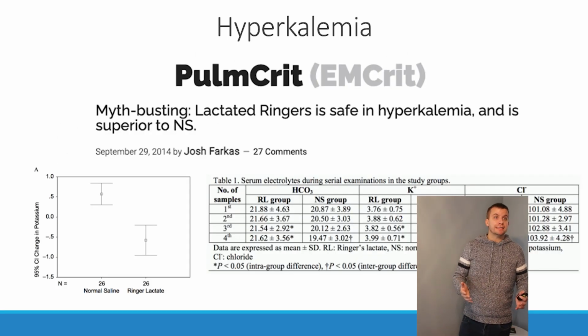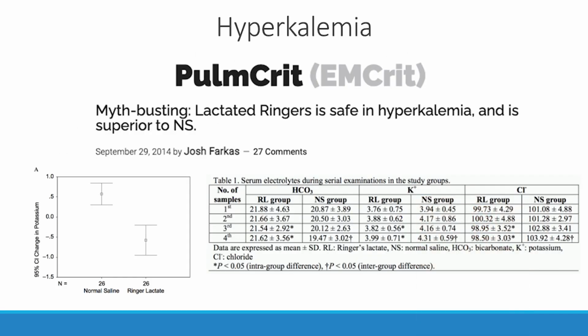The next argument is hyperkalemia. People say, all right, well, lactated ringer and Normosol contain potassium, so it's going to worsen somebody that has hyperkalemia. And it's true that lactated ringer and Normosol have a little bit of potassium in them, between 4 and 5 milliequivalents. But if someone has a potassium of 6 or 7, and you're giving them a solution that only has 4 or 5, it's still going to lower the potassium because it's a lower concentration than what the patient has.